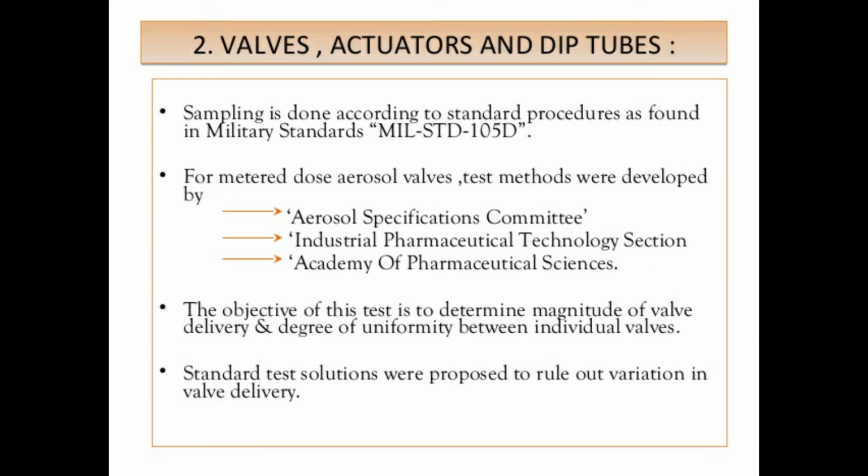The next quality control test is for valves, actuators and dip tubes. Sampling is done according to a standard procedure as found in military standards, that is MIL STD 105D. To use MIL STD 105D, first determine the lot size, then determine the inspection level. After that, review the table in MIL standard 105D.